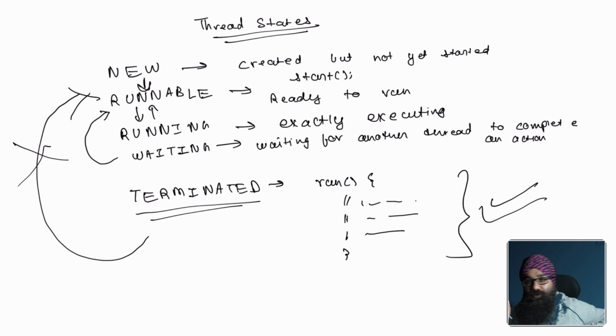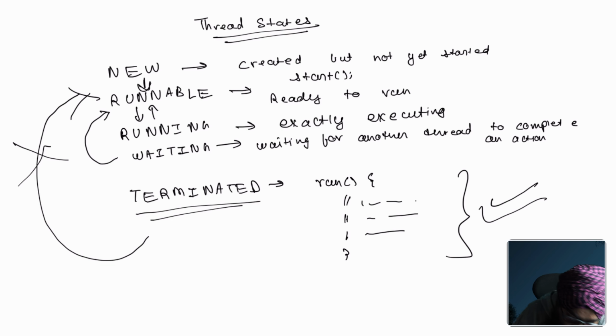Until the other thread comes and says this, the thread will continue to remain in the waiting state. We will talk about this when we understand synchronization and locks in Java. For now, you can simply understand it as a waiting state. A thread is waiting. Someone needs to tell this thread to come back to the runnable state.